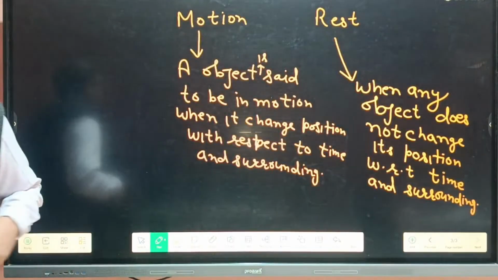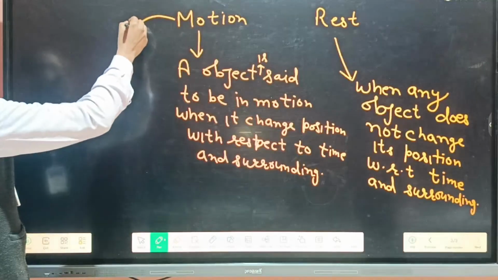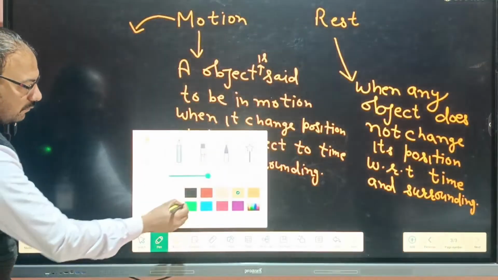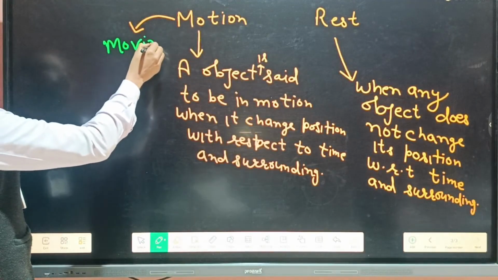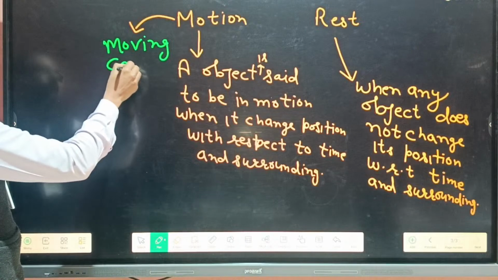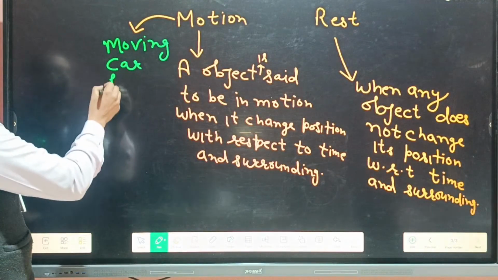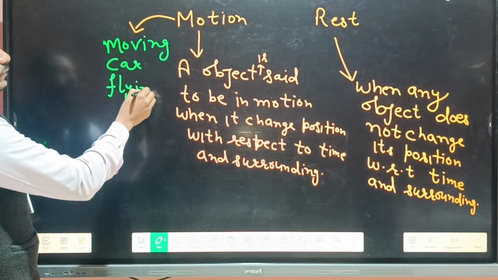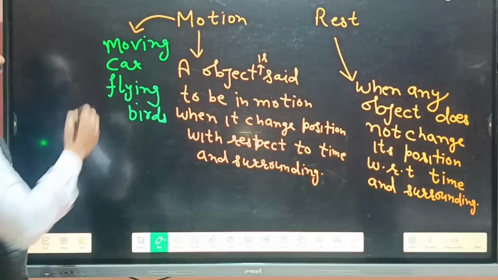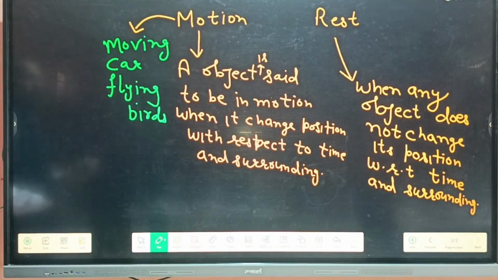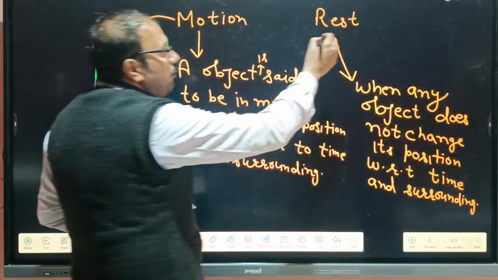Okay, so here are many examples. For example, a moving car, a moving bus, a flying bird. These are examples of motion. And second, what is an example of rest?